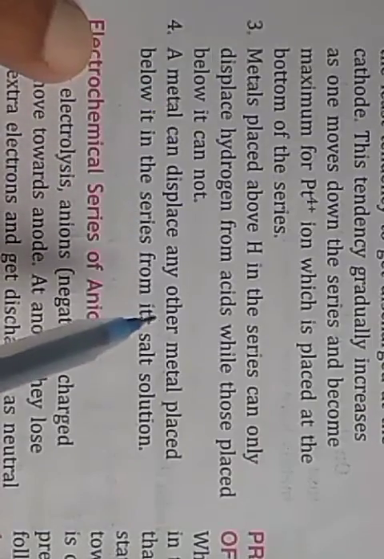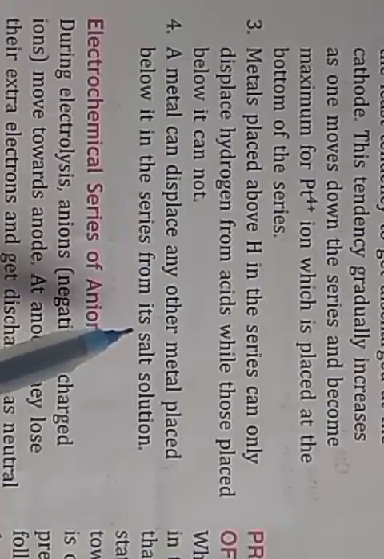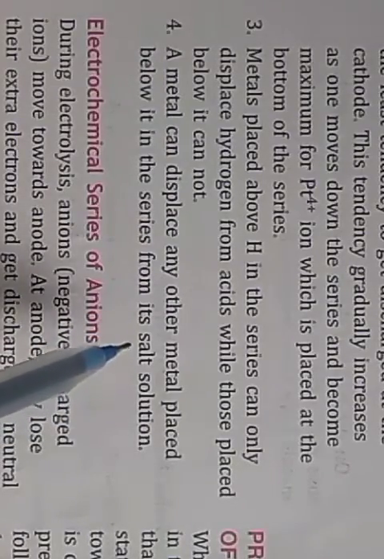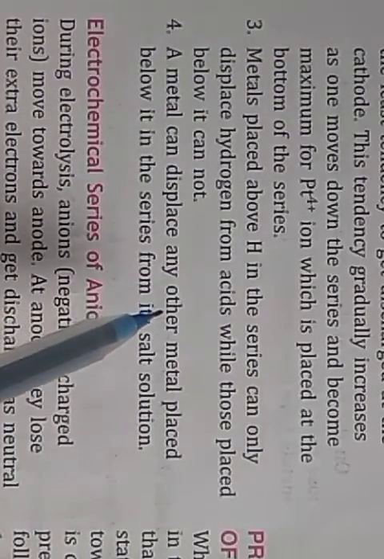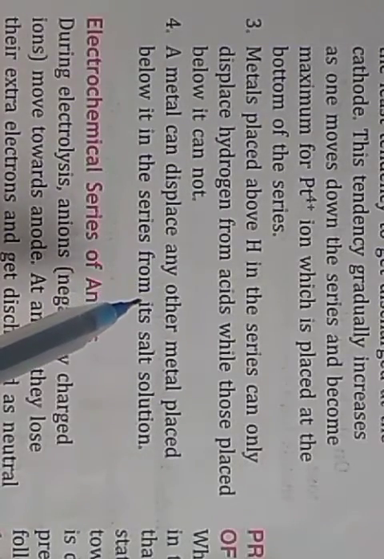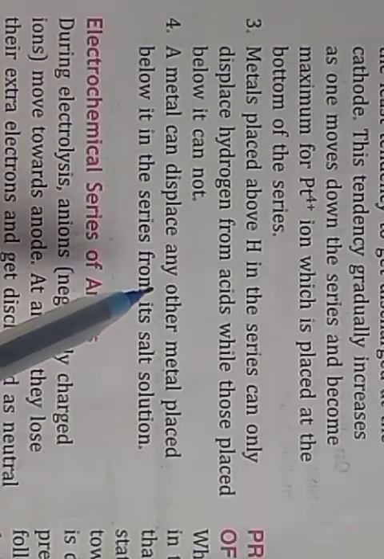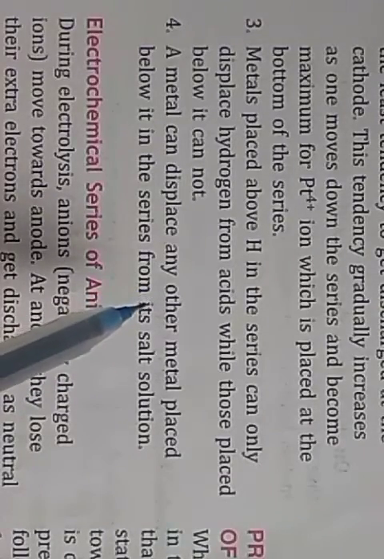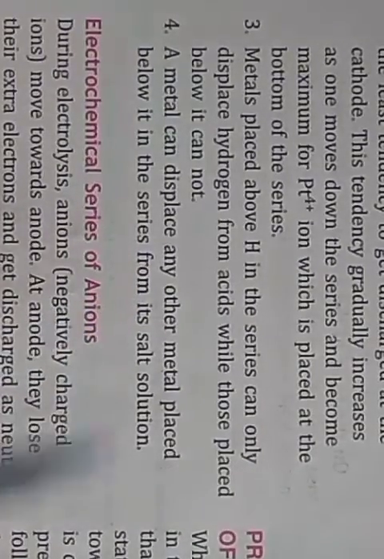Now the next point: a metal can displace any other metal placed below it in the series from its salt solution. So the metals placed at the top positions always replace the metals from their salts which are present in the lower positions.